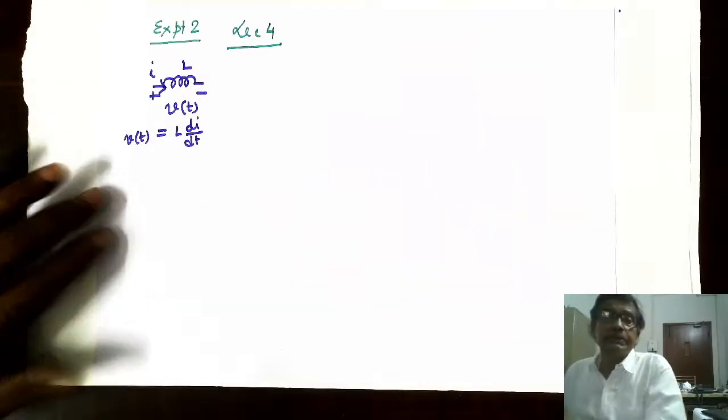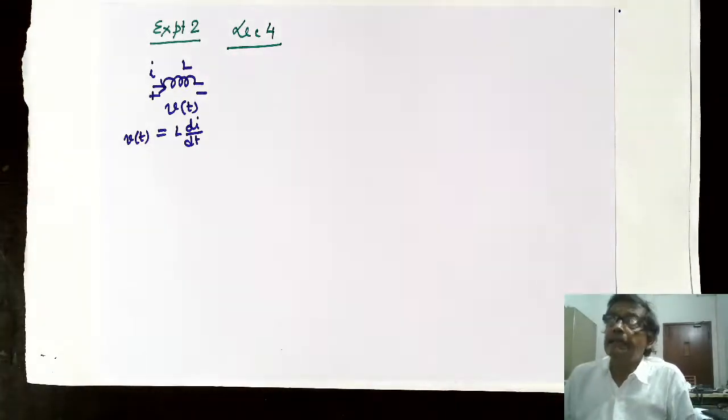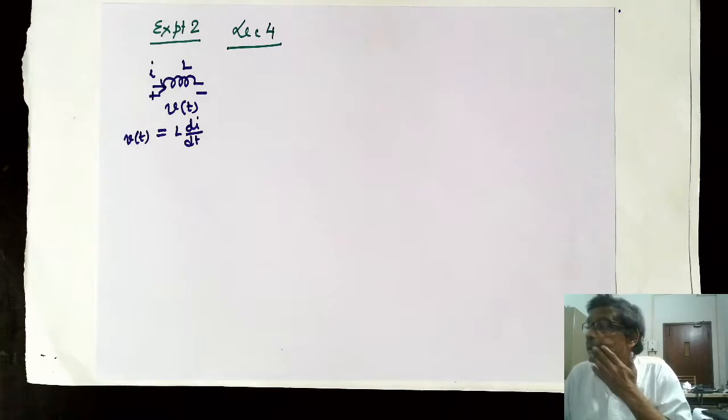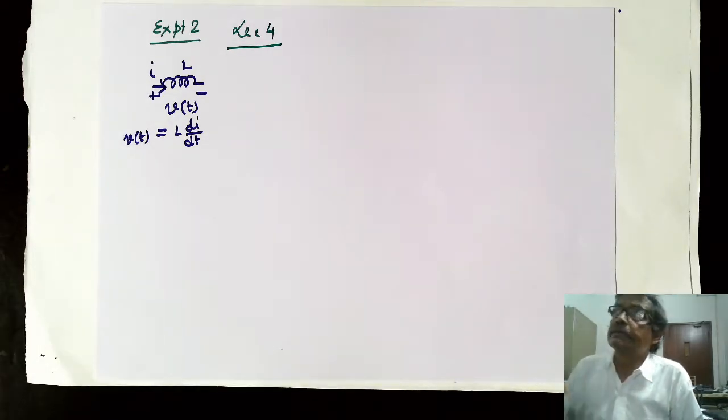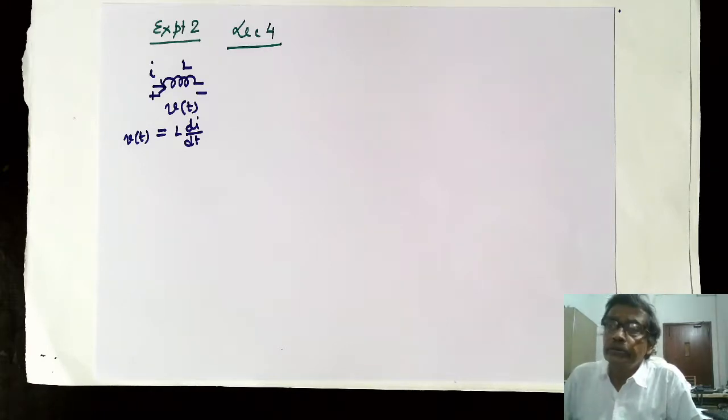So the voltage-current relationship of an inductor is this: it stores energy half L i squared. Those things we know. Then in my last lecture I told you that when you do some switching at a certain time, say t equal to 0, then prior to the initiation of that switching there may be some inductor current present, and that is at t equal to 0 minus.